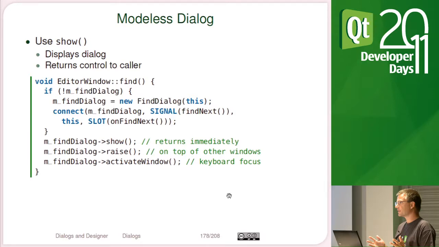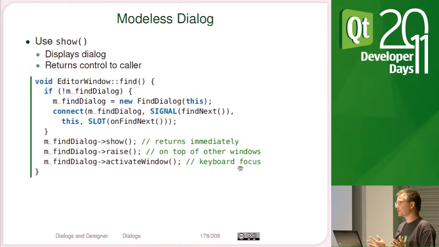A modeless dialog is just created with the new operator, and it's shown on the screen, and your program execution will immediately go ahead. So in this case, we just create a new find dialog, we show it, and the program immediately goes to the raise, which brings the window on top.